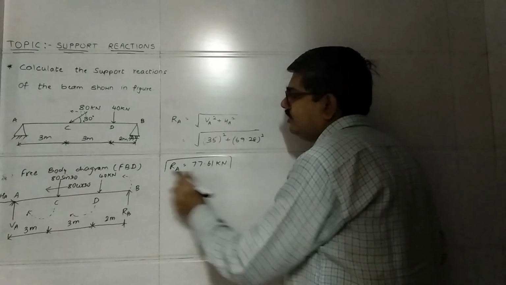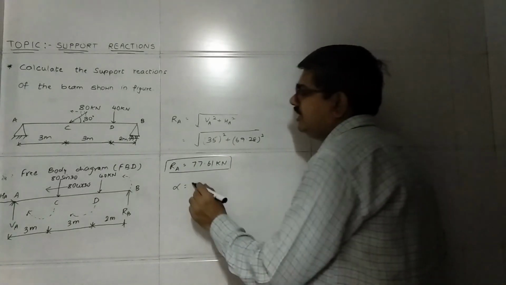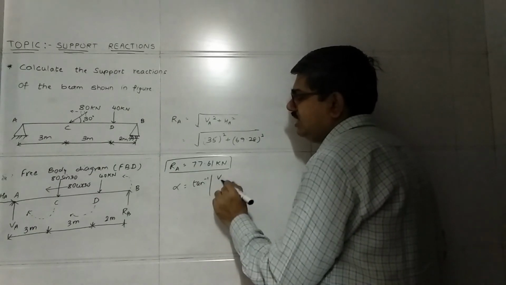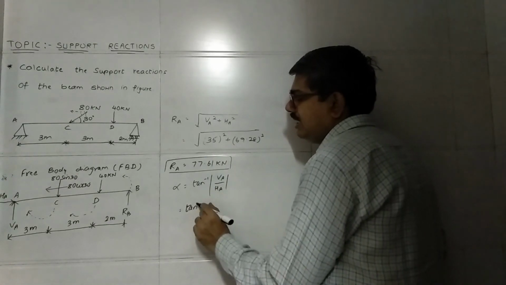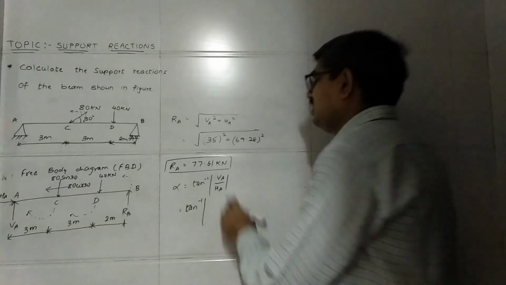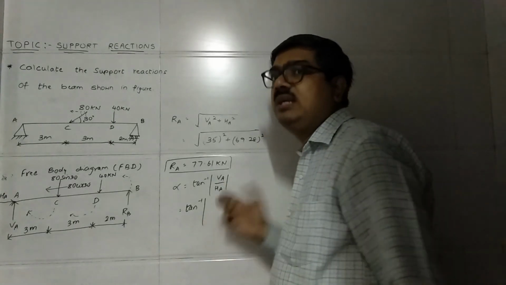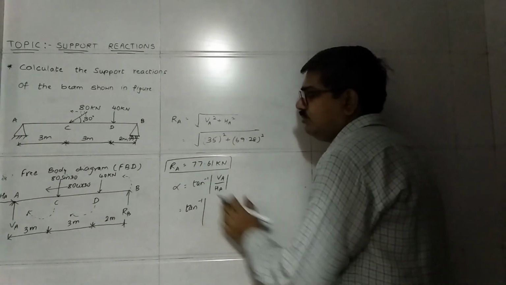So this is the value of reaction at A, and the direction, that is alpha, is equal to tan inverse modulus of VA upon HA. What is the meaning of modulus? If you are getting negative values of VA or HA or both, you have to put positive, or it will become positive since you are taking the mod.